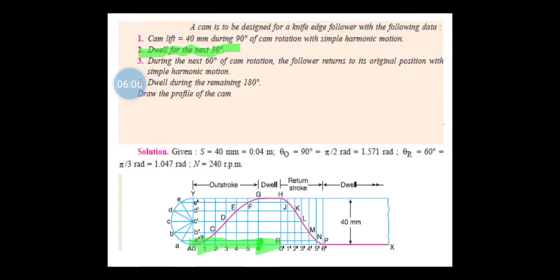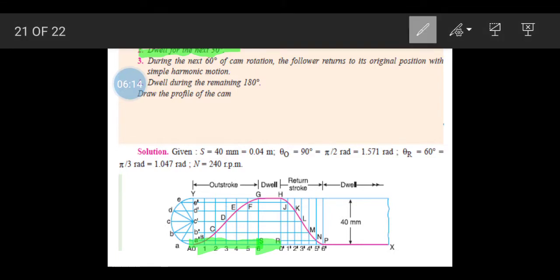After this, there is a return stroke at an angle of 60 degrees, and there is a remaining dwell of 180 degrees.